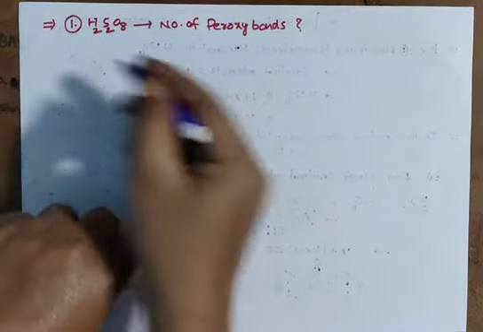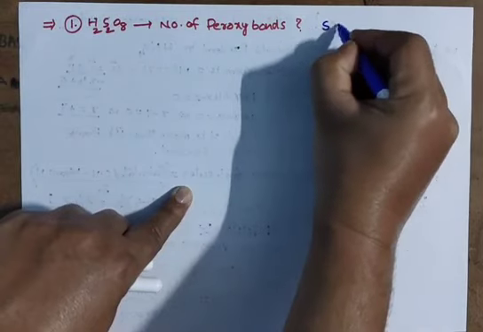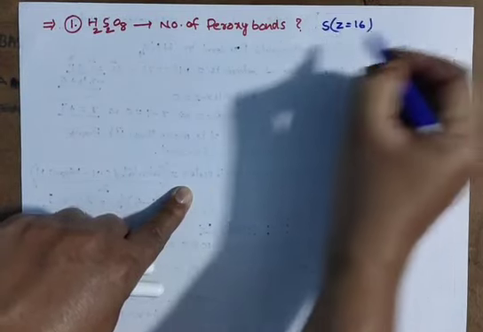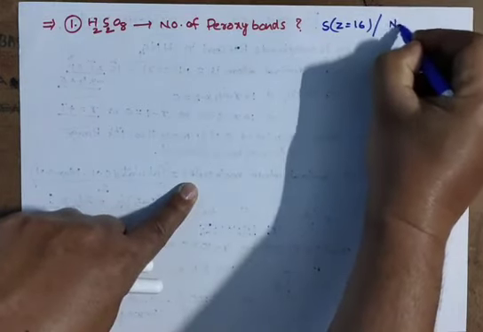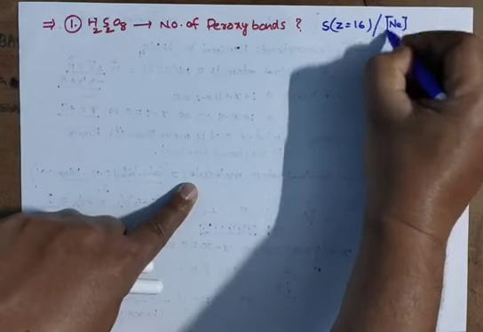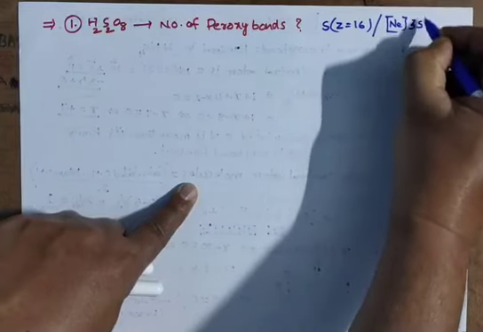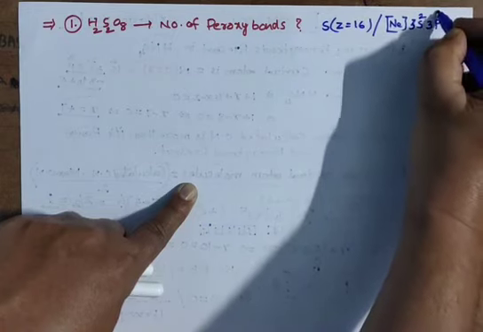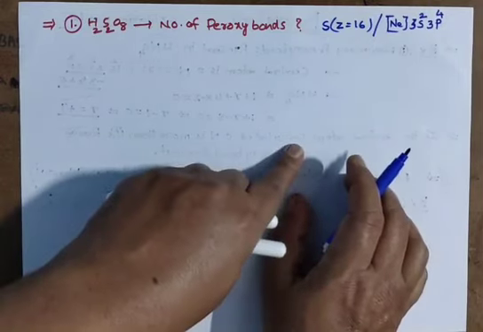So sulfur here is the central atom, and you know sulfur very well. Sulfur atomic number 16, and its configuration you know very well: neon 10, then 3s2, 3p4.